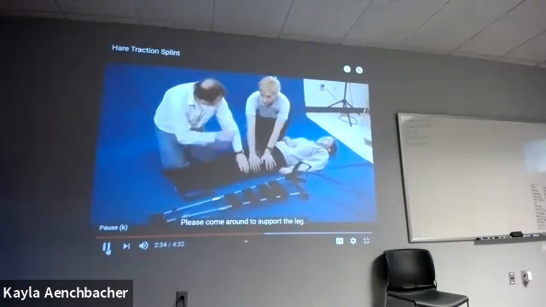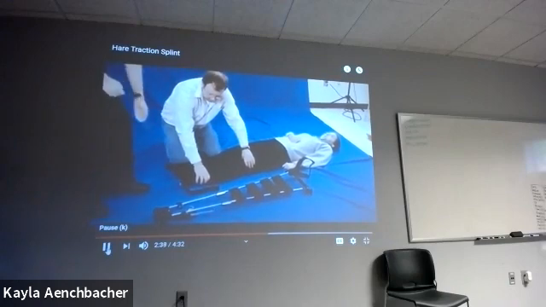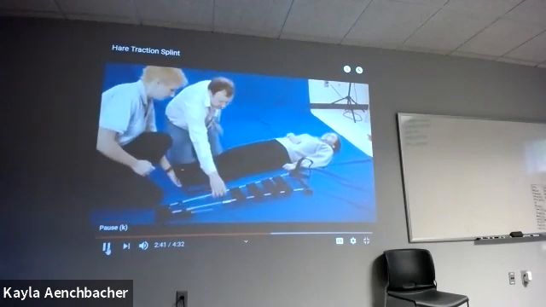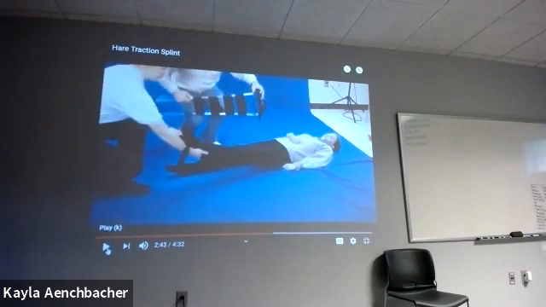Okay. Please come around, support the leg. When we lift the extremity up to put the traction splint underneath it, where's the fracture? In the femur. What is not being supported in any capacity?